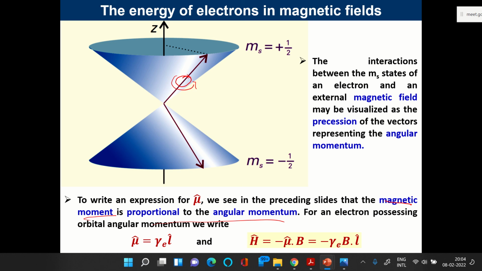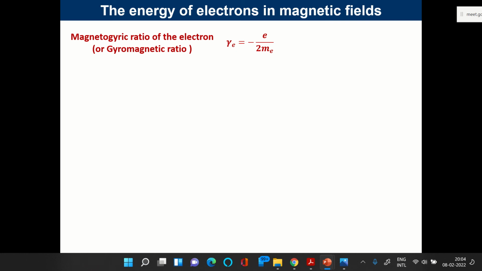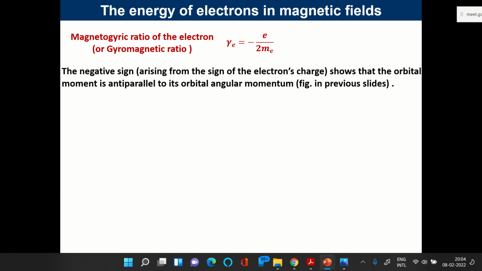We are taking the dot product of the two, both are vectors, and this is how we have to formulate it from looking at the formula. The gyromagnetic ratio we have discussed from the previous slide, and in the last class also. This has a negative sign, that's why you were seeing over there that the direction of the magnetic moment is reversed, not in the same direction as the angular momentum.